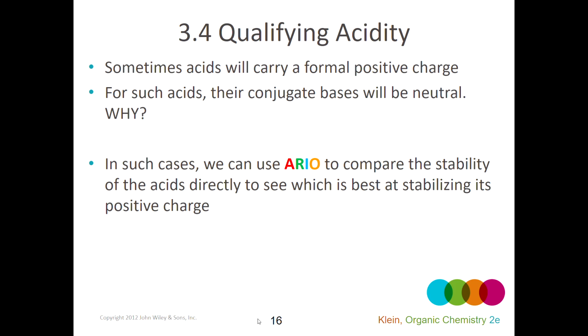Alright, so as we were saying earlier, sometimes the acid won't already be neutral. Sometimes it might already have a formal positive charge. And that's why we're adding the extra letter in here, the C. So that counts for the quantity of charge.